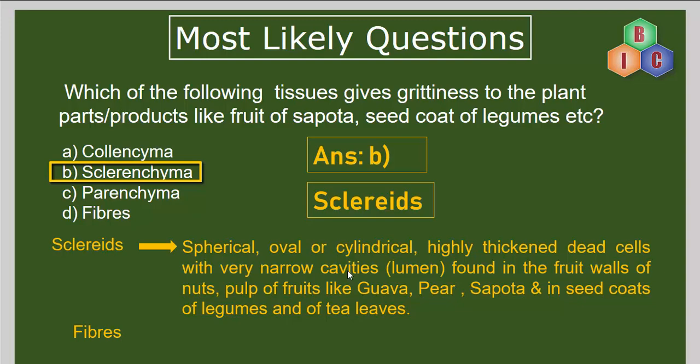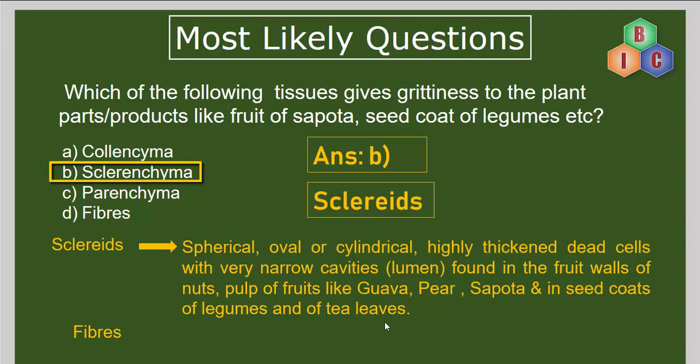So sclerites, as you know, are dead cells which are highly thickened and they have a narrow lumen or cavity. And where do we find them? They are found in the fruit walls of nuts as well as the pulps of fruits like guava, pear, sapota, as well as in the seed coats of legumes and of tea leaves.